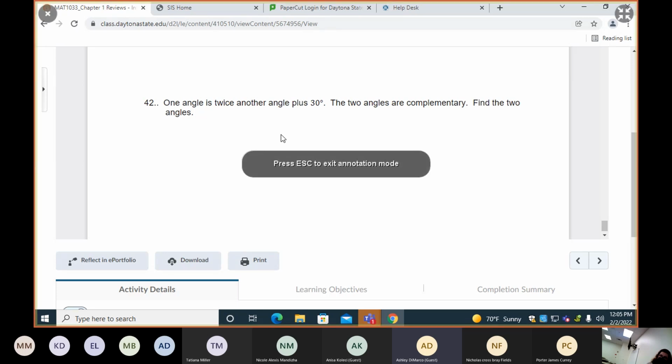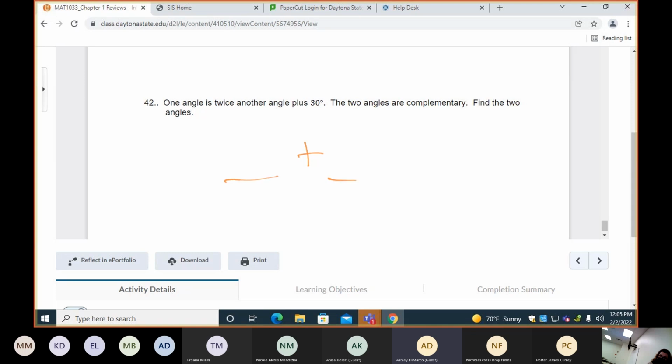That means they are equal to 90. One is always x. The other one is twice another plus 30, 2x plus 30. So these are your two angles. You can go ahead and solve it. I don't want to solve it right now.